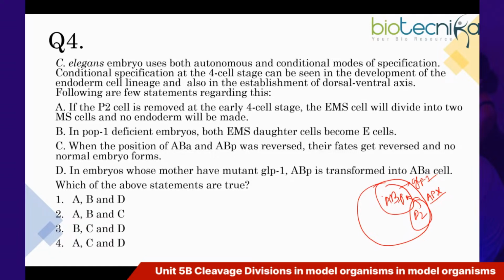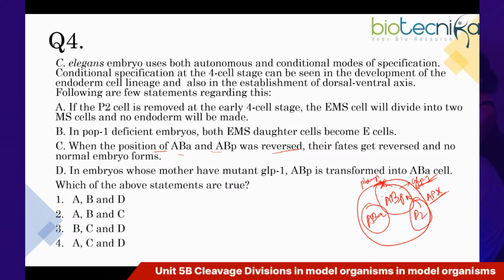Okay. So we have this APX signal, and the receptor is GLP1. So it's saying that when the position of ABA and ABP was reversed, whichever cell is closer to the P2 cell will receive the signal APX, because of which ABP does not form pharynx.